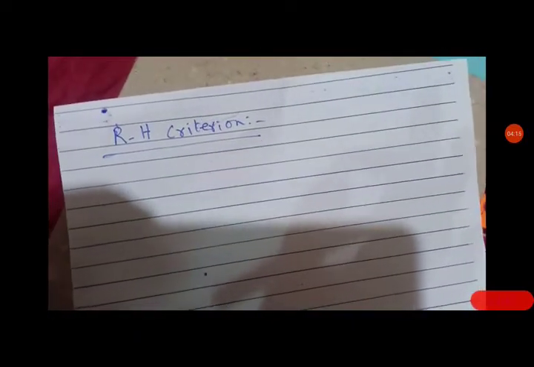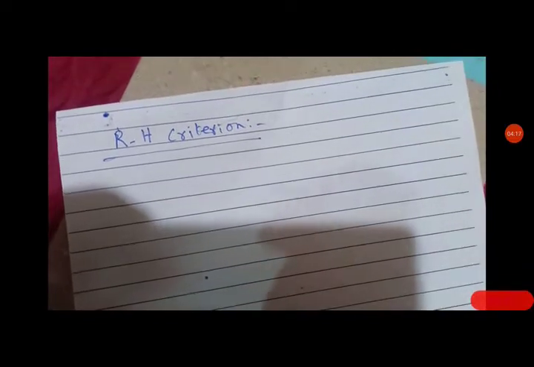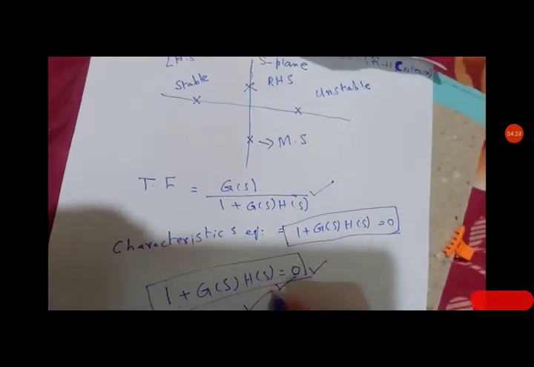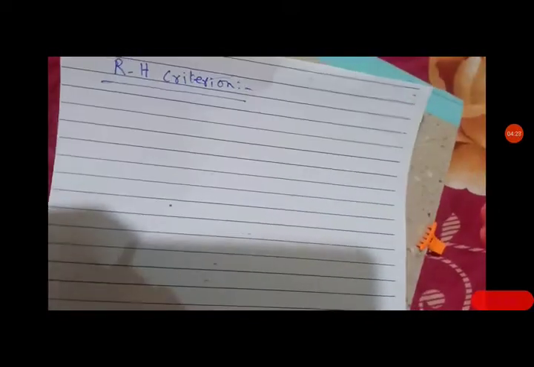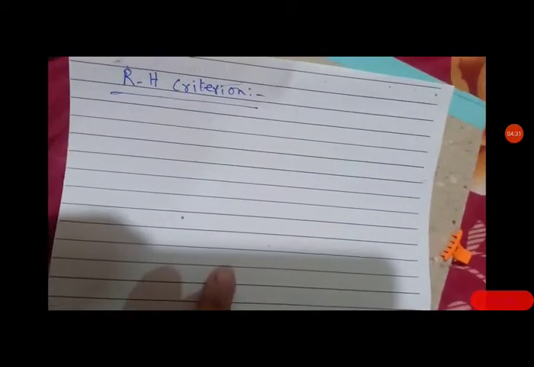Routh's criterion is a table in which we analyze the characteristic equation. This one, we analyze this equation of any system. We can find whether the system is stable or not.